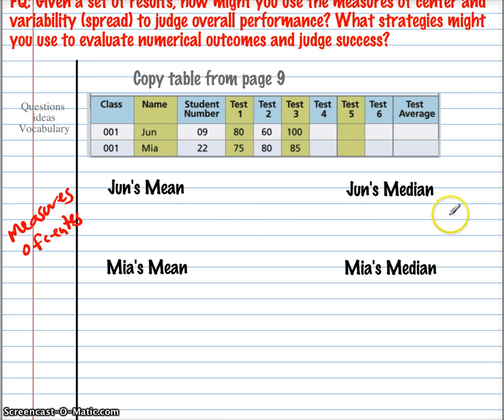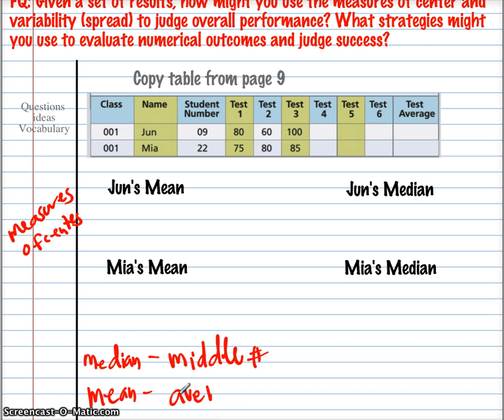The median is an actual center. The median is the middle number when items are put in order, and the mean is the average.